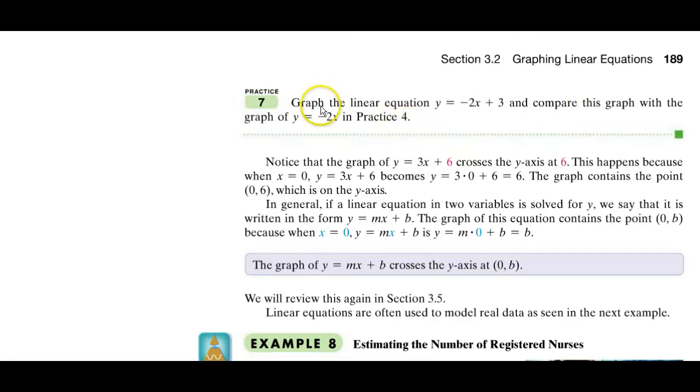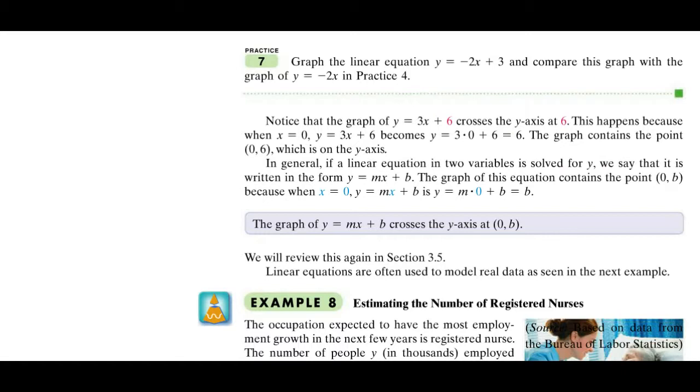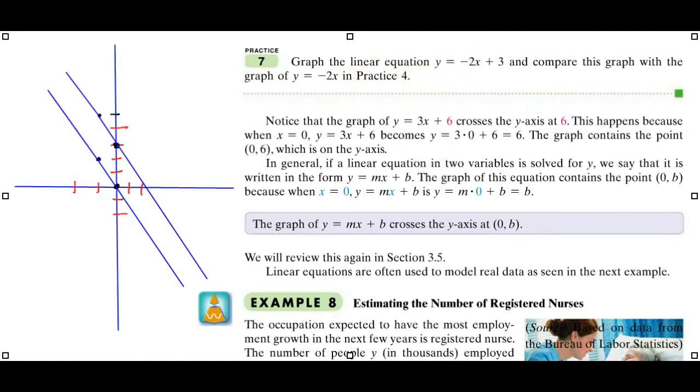So as we compare these two graphs or equations, we're going to take a look at the practice, example 7. And what I'm going to do is set up these two equations for you. And we'll just look at them for a moment here. Now, keep in mind this is in slope-intercept form, y equals mx plus b.